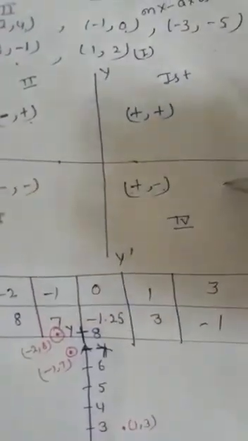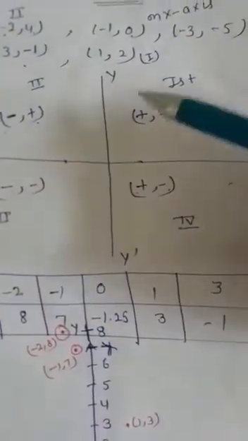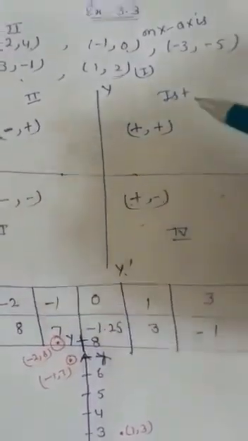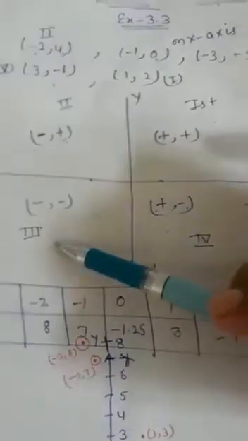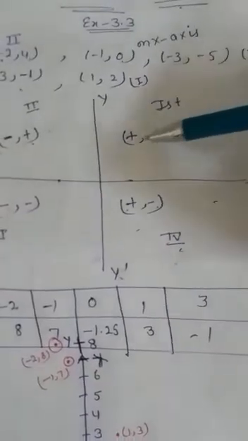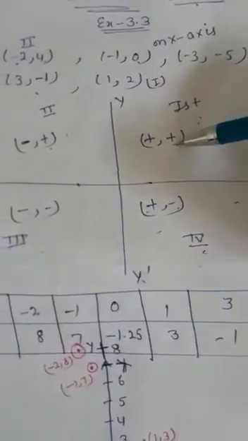Okay, so as an introduction I have told you that two axes in the Cartesian plane, known as Cartesian axes, divide that plane into four parts, known as first quadrant, second quadrant, third quadrant and fourth quadrant. In the first quadrant both x and y are positive.